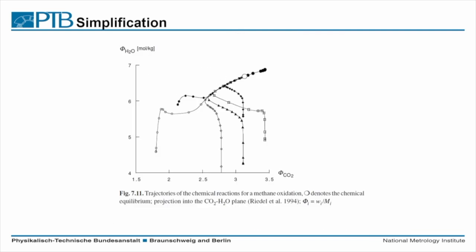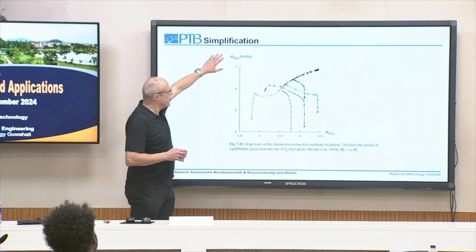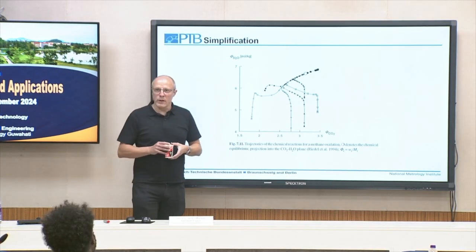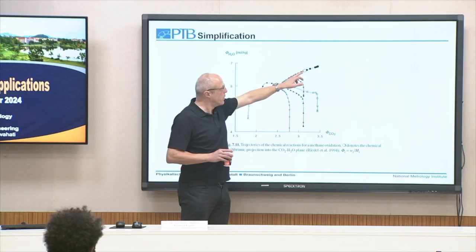So we have seen these time scales, and now we are in the state space. So we have our system described by two variables, water and carbon dioxide. And so this is our equilibrium.